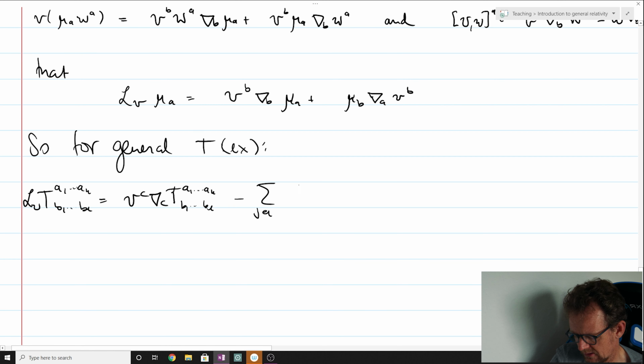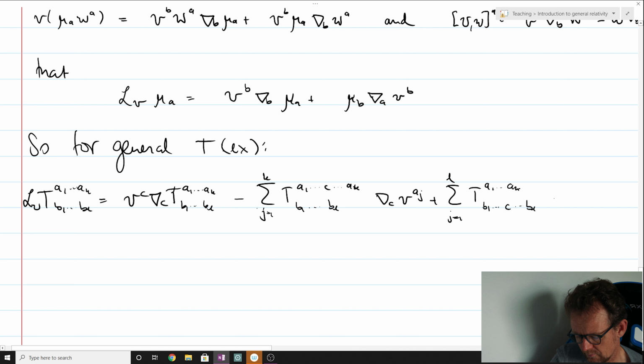So I'll leave that as an exercise. And this formula is true for all derivative operators ∇.